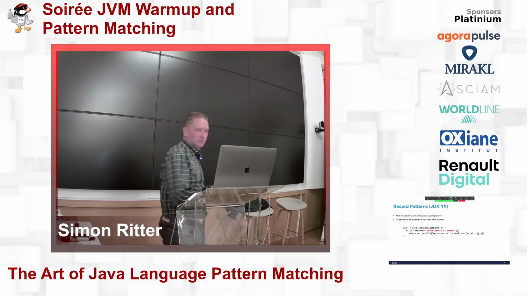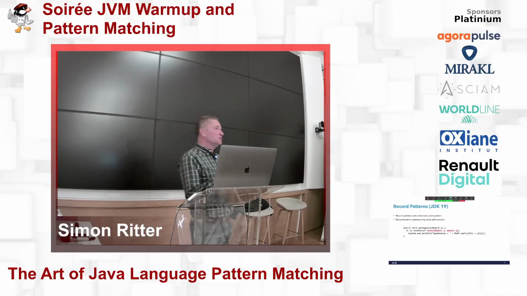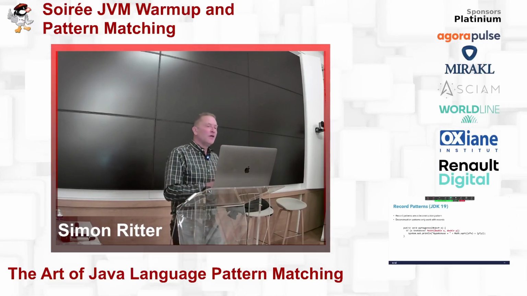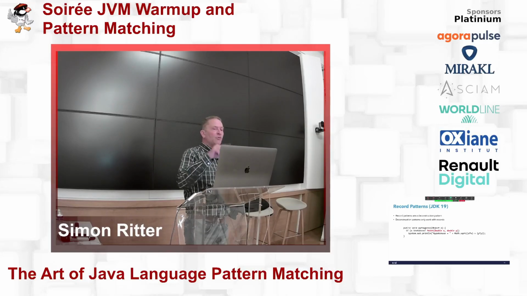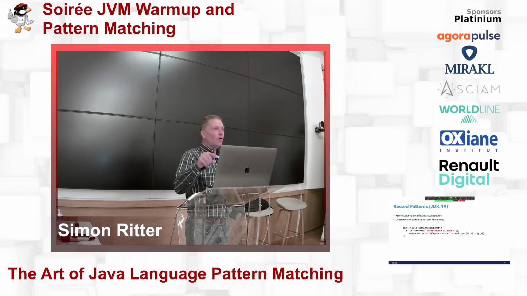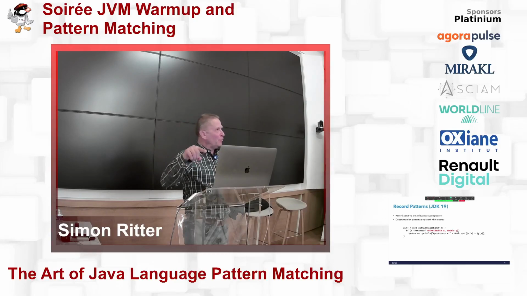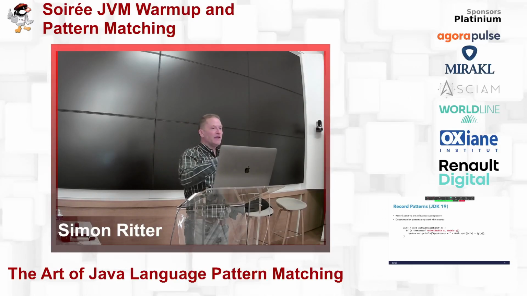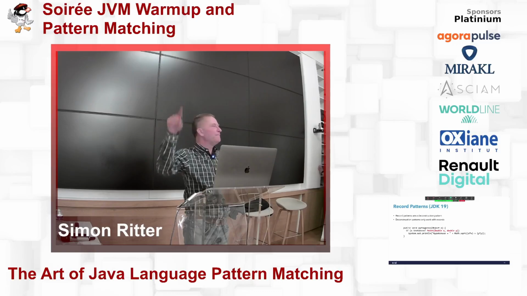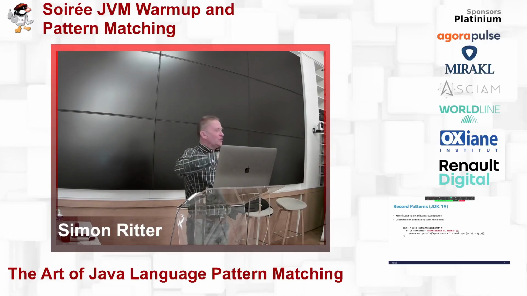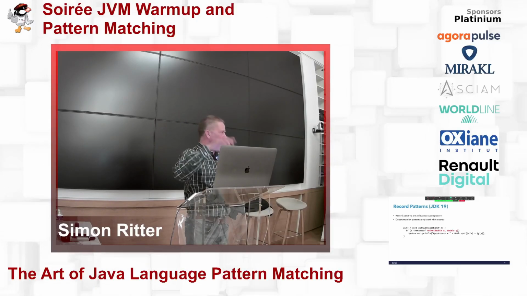What you can't do, because they did allow this to start with, is have if o instanceof Point double x, double y, and then give a variable name for the record. So you couldn't have o instanceof Point double x, double y p and then refer to p. So a named record, you can't do that.